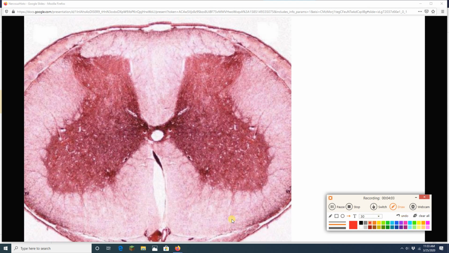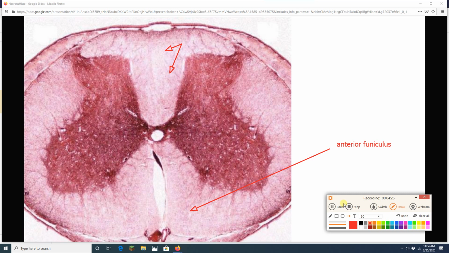I am also going to see columns of white matter. So right here, this is where I would find an anterior column. Better word for column is funiculus.